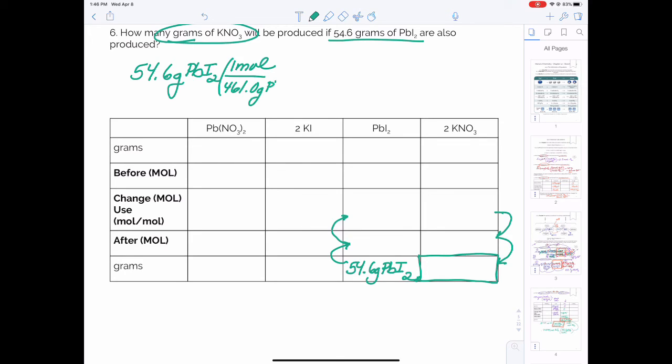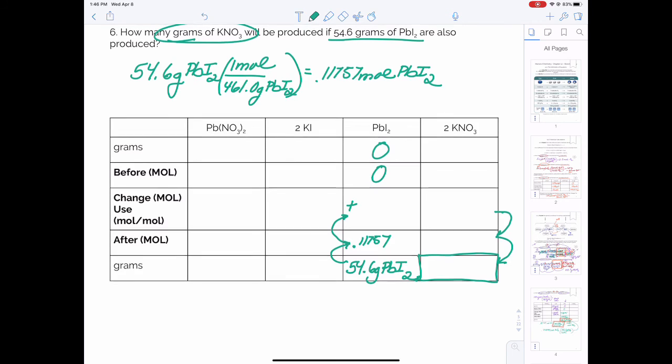461.0 grams per mole. I got that number off the periodic table, and this comes out to be 0.11757 moles of lead 2 iodide. Afterwards, I have 0.11757. I started out with no grams, no moles. So that means I must have increased my number of moles of PbI2 by 0.11757.